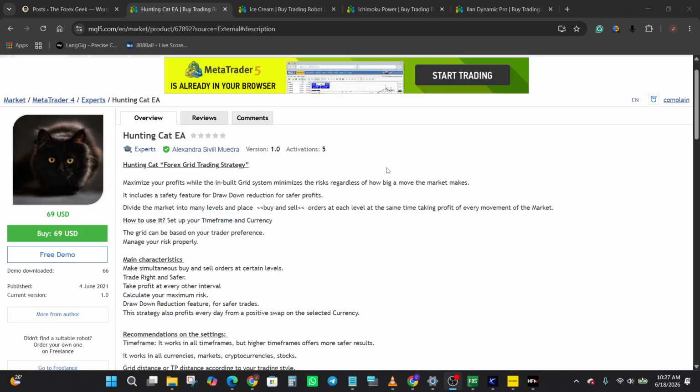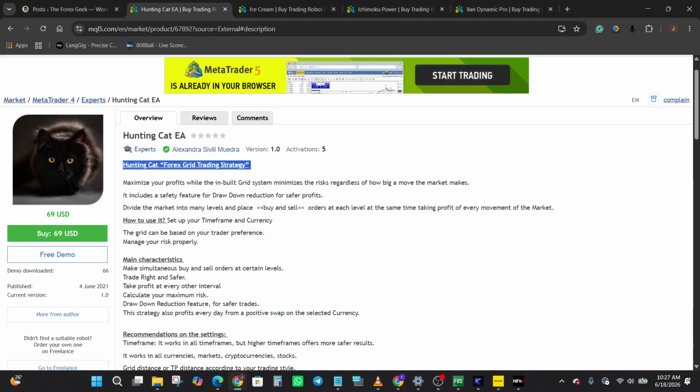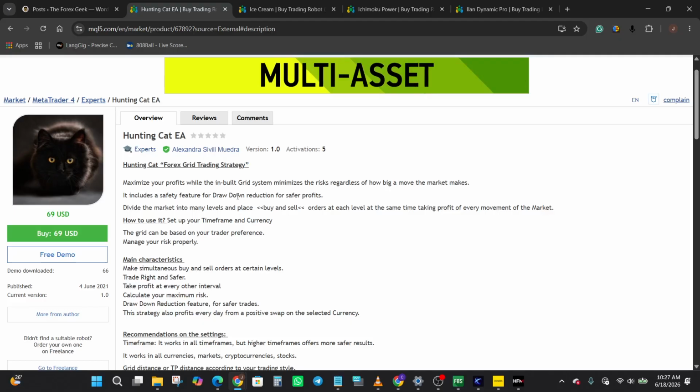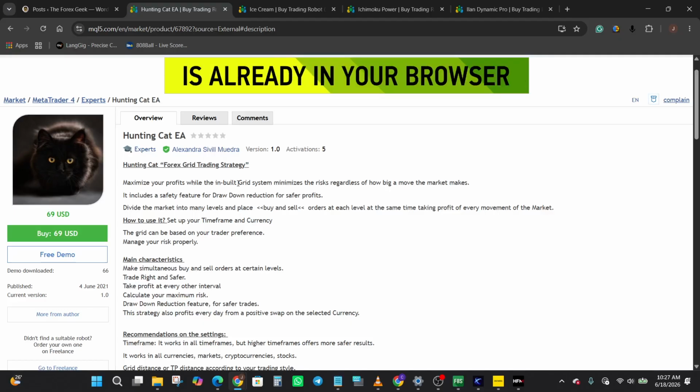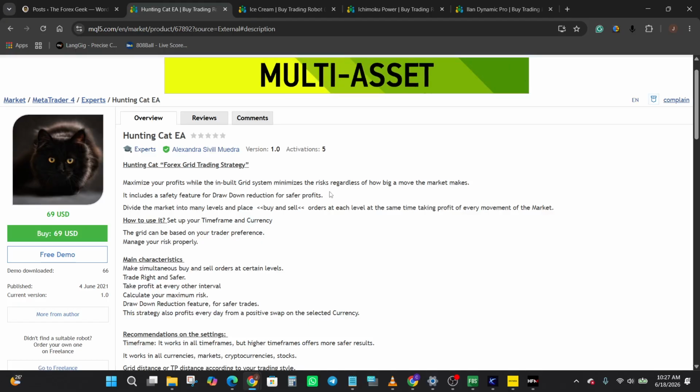Now, looking through the description, the developer presents Hunting Cats as a Forex grid trading strategy designed to divide the market into multiple price levels and place both buy and sell orders at those levels simultaneously.